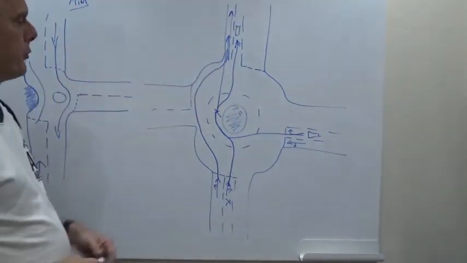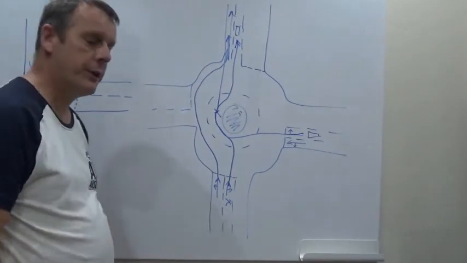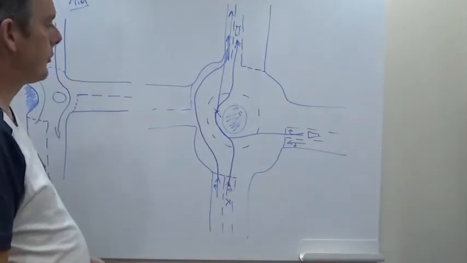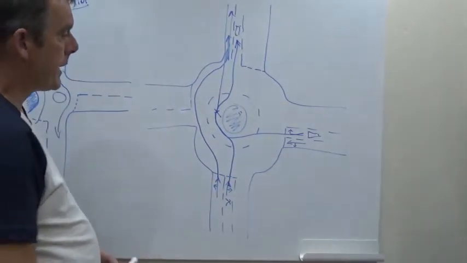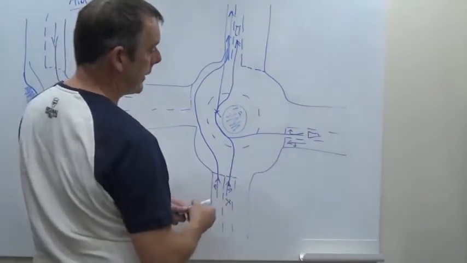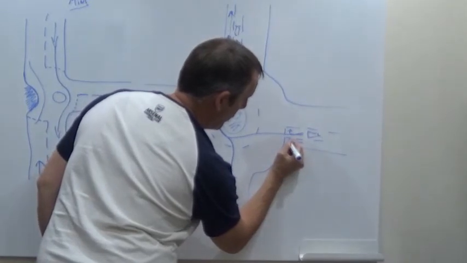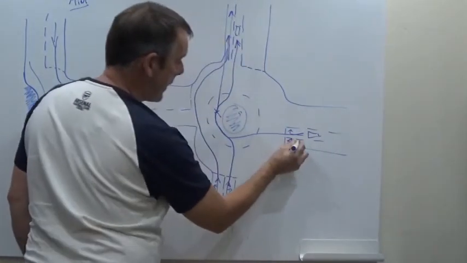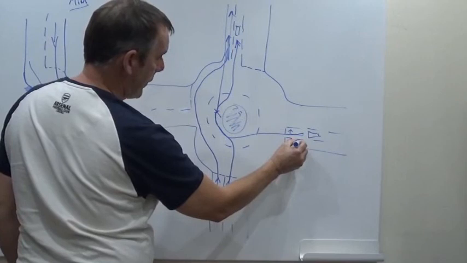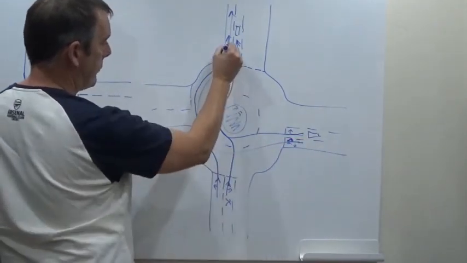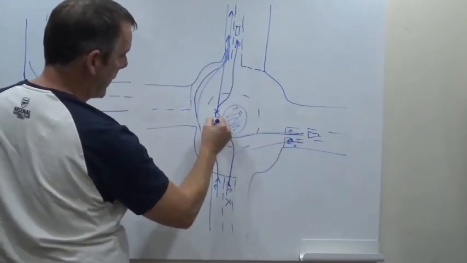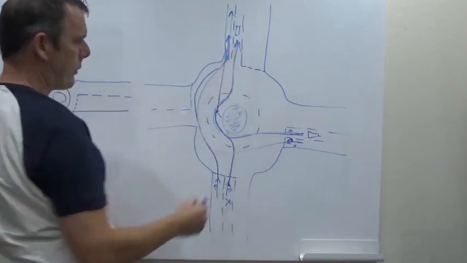This is what one of my pupils did the other day and had the problem, obviously the undertaking traffic, which is dangerous, we shouldn't do. If for any reason we had 2 lanes and this lane was also for a right turn, then obviously we would use the left-hand lane and come off in the left-hand lane, and we'd be using the right-hand lane and coming off in the right-hand lane.